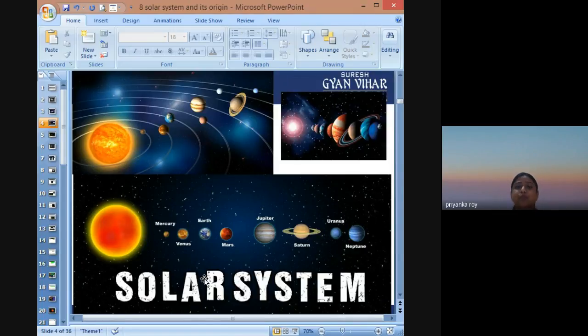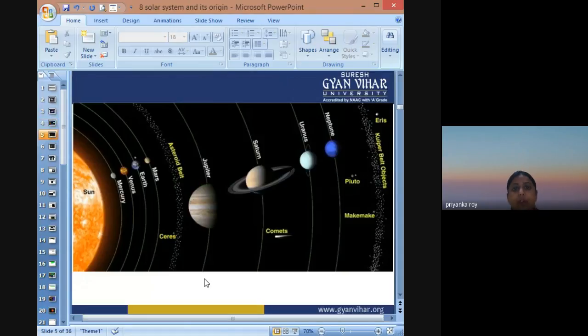Okay, so this is the arrangement of the planets of our solar system, starting with Mercury, Venus, Earth, Mars. Then we have the asteroid belt. In the asteroid belt, one of the very important asteroids is Ceres.